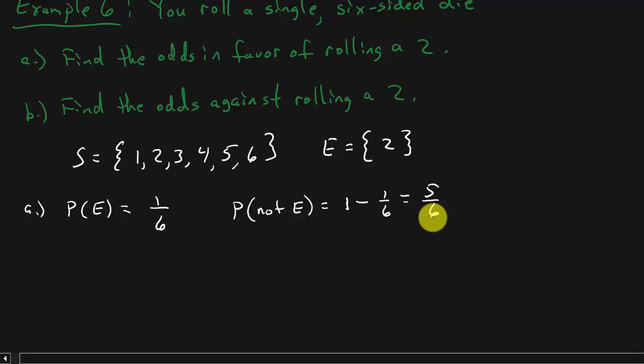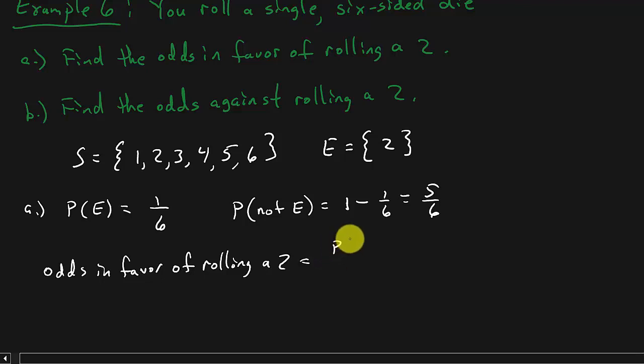All right. So now we can say the odds in favor of rolling a 2 is equal to the probability of E divided by the probability of not E, which is going to be, probability of E is 1/6. Probability of not E is 5/6.